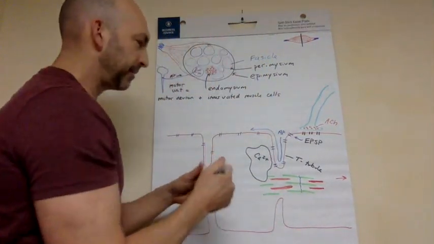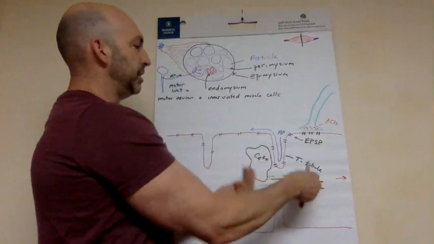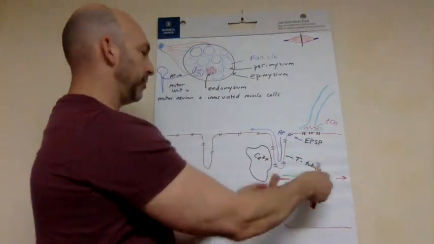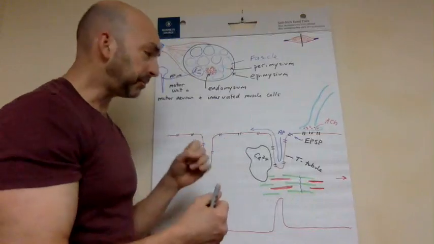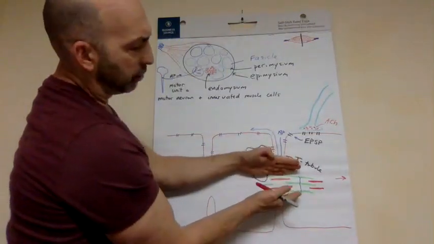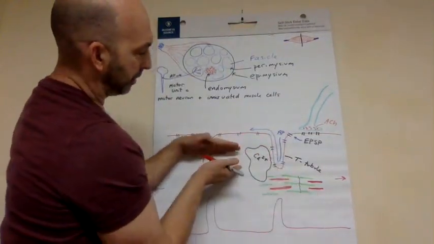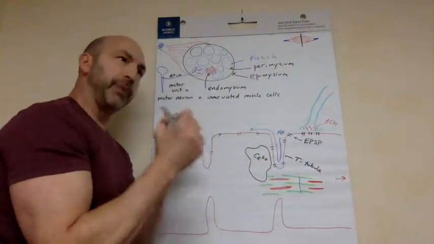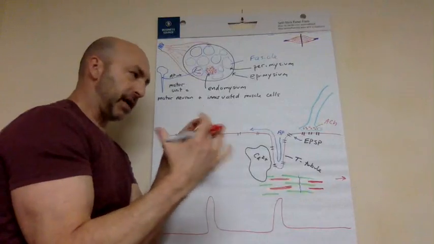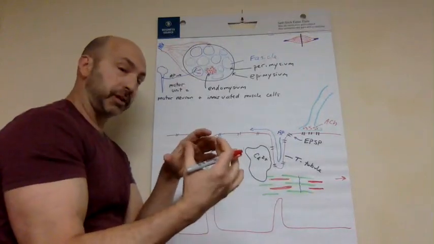But this is a repeating series of sarcomeres, one after another after another. And they're found in bundles called myofibrils. So we'd have one here and then another one here and another one over here, right? And again, three-dimensionally within this cell. And those bundles of contractile proteins are called myofibrils.